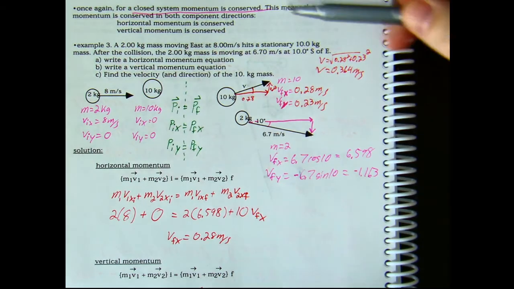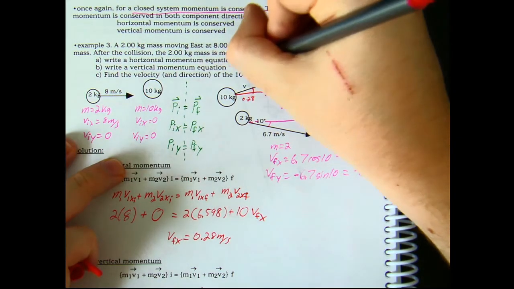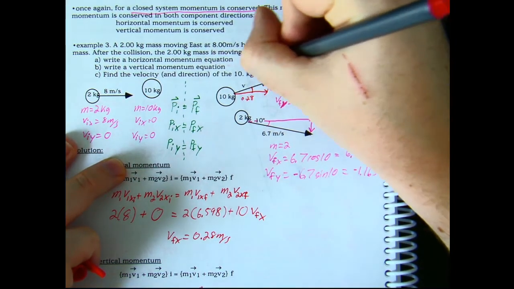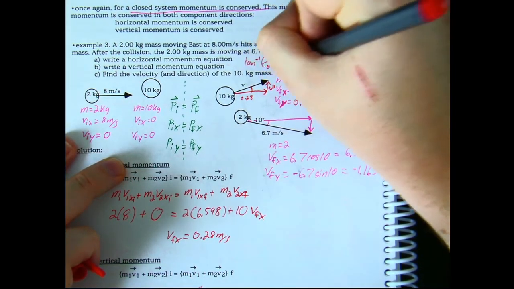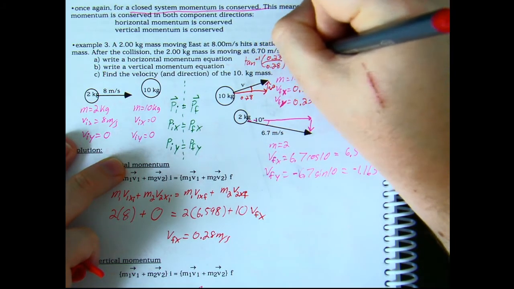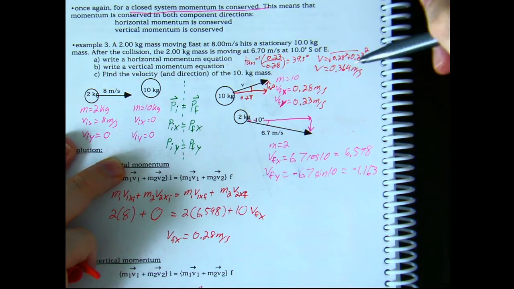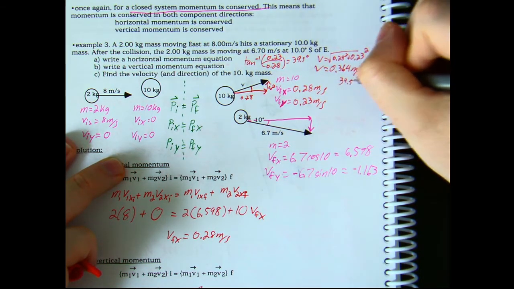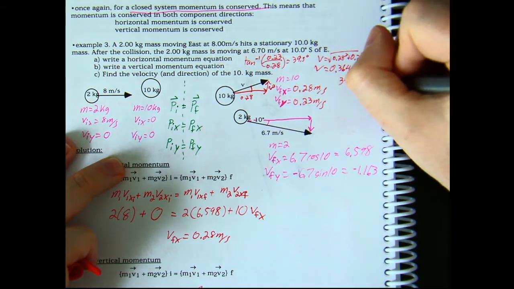That's going to be the tan inverse. I'll put that over here. Tan inverse of opposite, which is 0.23, over adjacent, which is 0.28, is an angle of 39.5 degrees. So we're going to get a velocity of 0.364 meters per second, 39.5 degrees north of east.